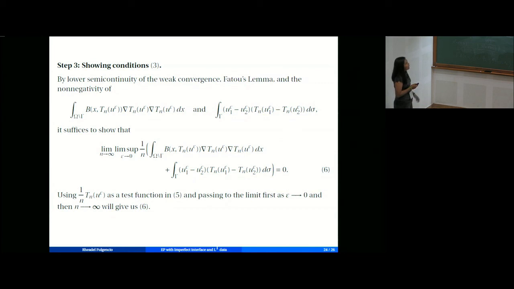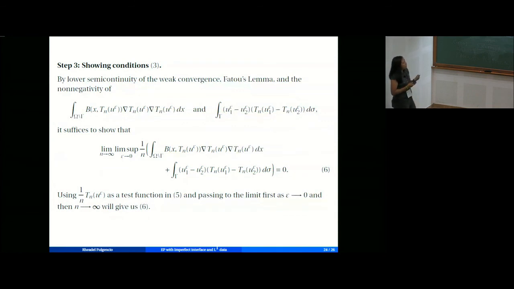Therefore, it suffices to show that this limit is 0. And for that, we use the test function 1 over n, Tn of U epsilon in our variational formulation for the approximate problem. We pass to the limit first as epsilon goes to 0 and then as n goes to infinity. And we will get this.